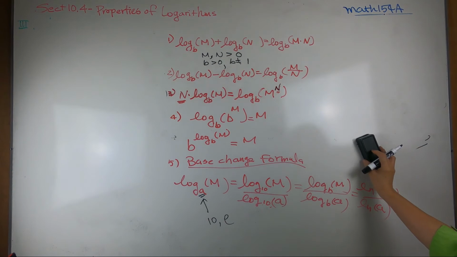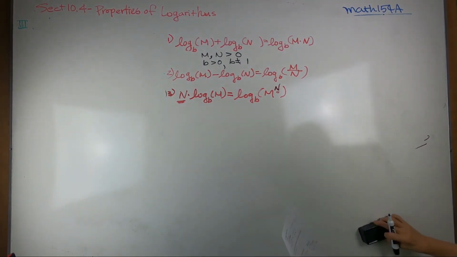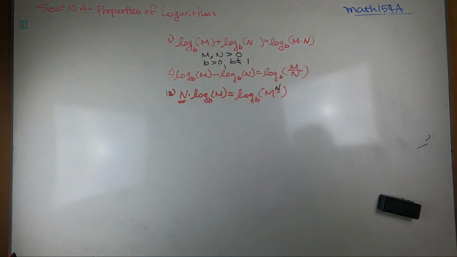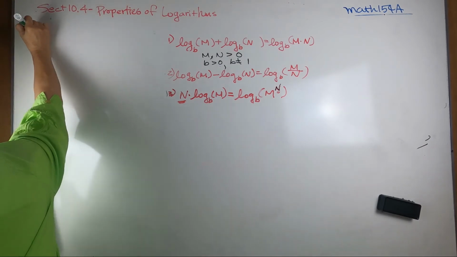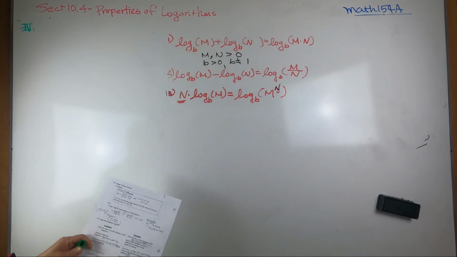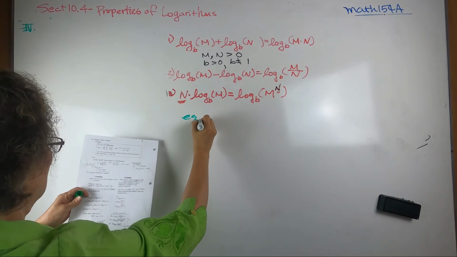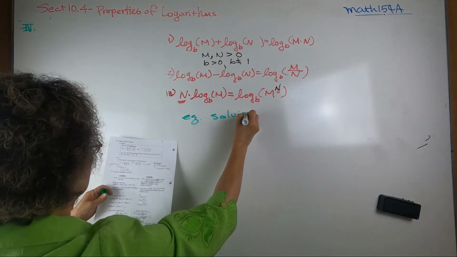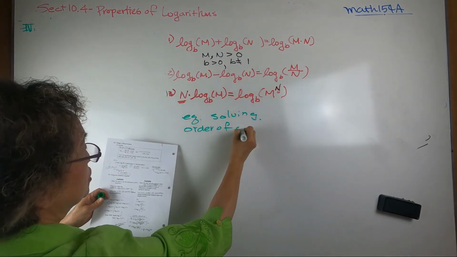Okay, then let's practice some using all those add, subtract, and multiply first, and see how we can make it a single log. All right, so we will use the single log for what? For our equation solving, okay? Then we also always follow the order of operations.